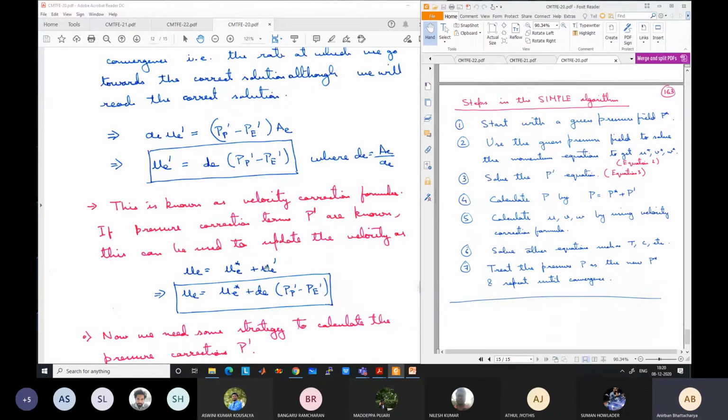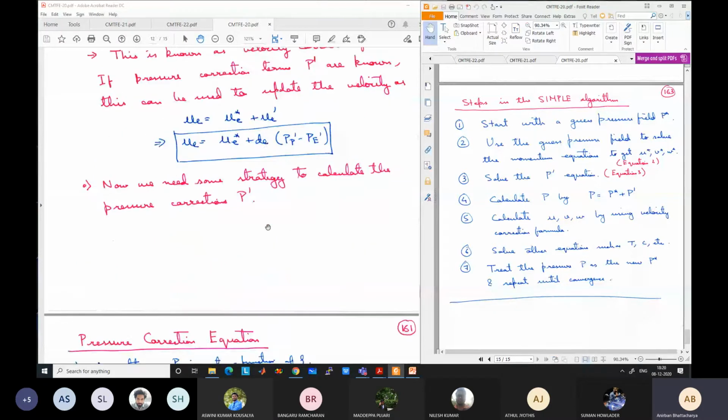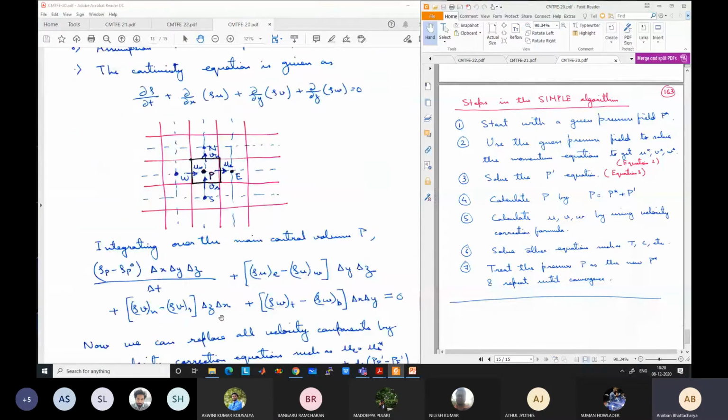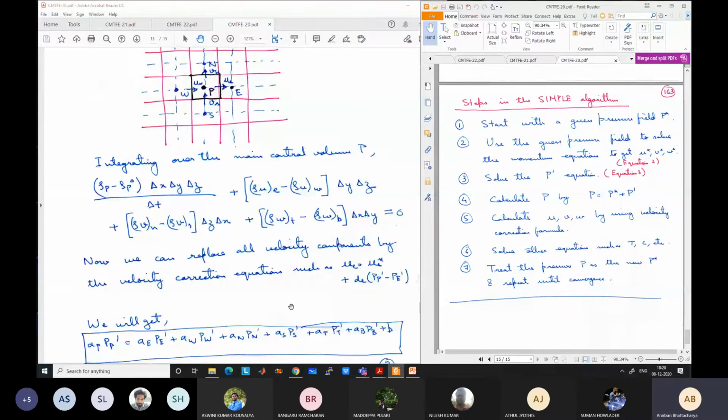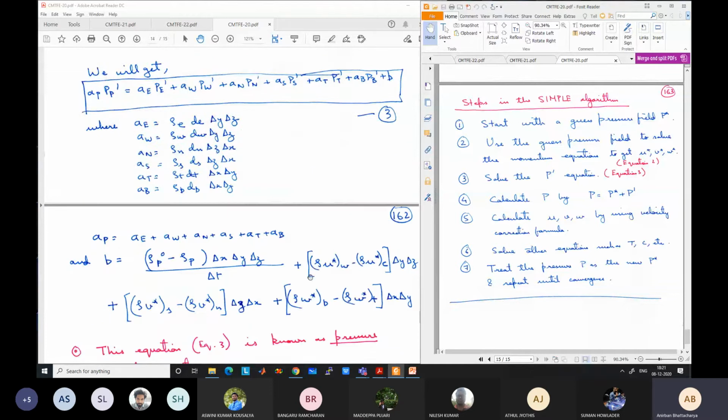We don't even know UE dash, but UE star we know. So this type of equation was substituted in the continuity equation to replace UE, UW, and all these terms, and this gave us an equation in the pressure correction, with all the correction terms in the pressure and some source term which included all the star velocities.